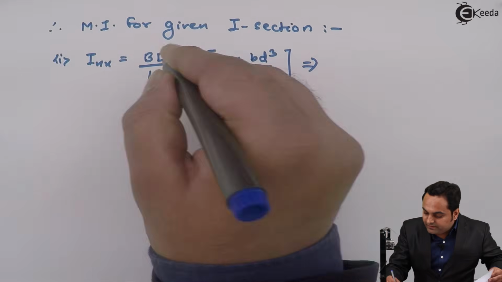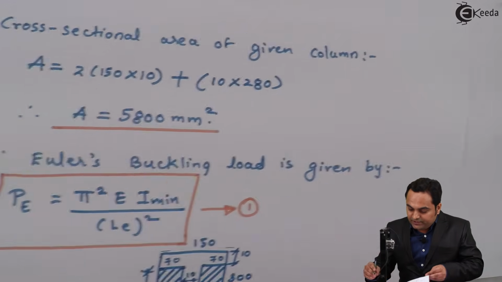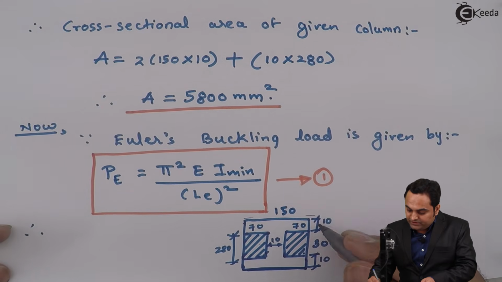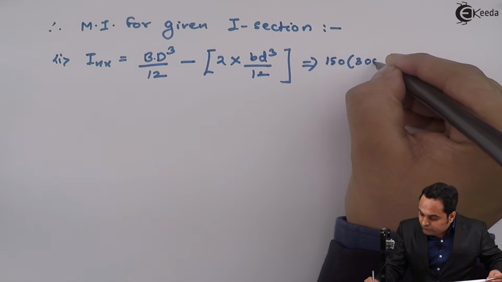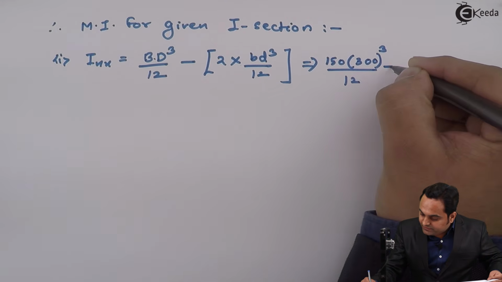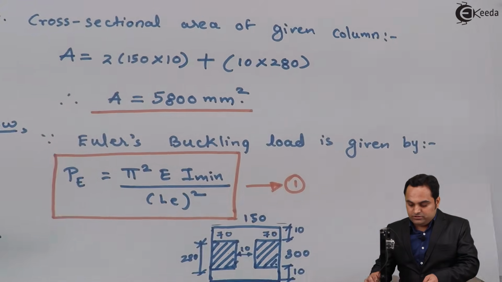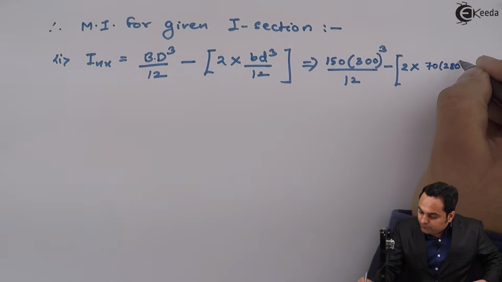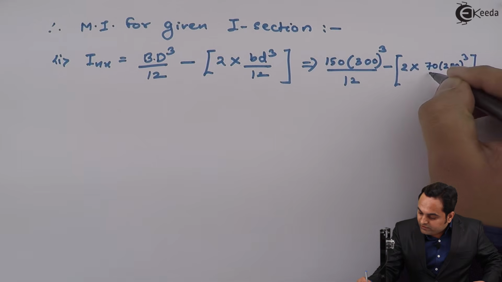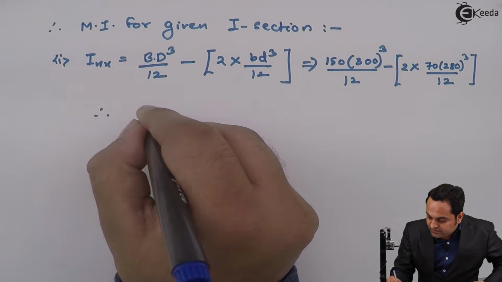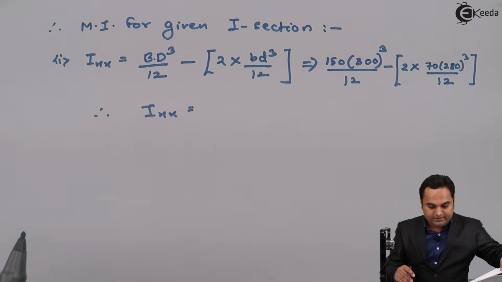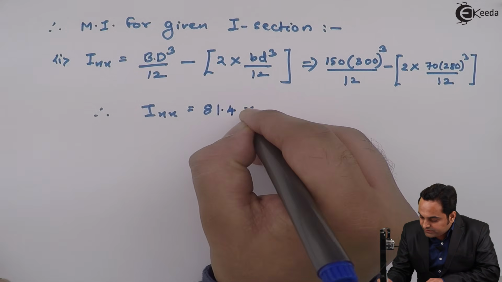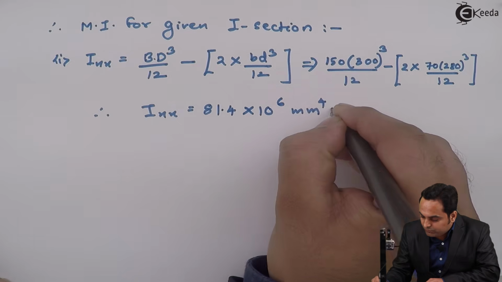Now putting the values, capital B, the outer width, is 150 into capital D, the complete depth, which is 300. From this rectangle we subtract two small rectangles having width 70 and height 280: 70 into 280 cube divided by 12. From this I get the answer of Ixx, and it is 81.4 into 10 raised to 6 mm raised to 4.